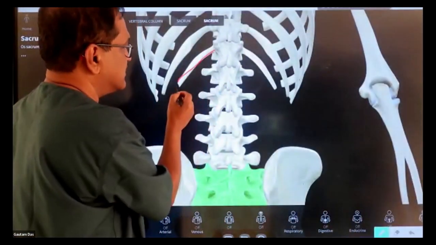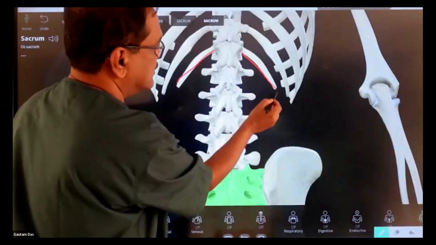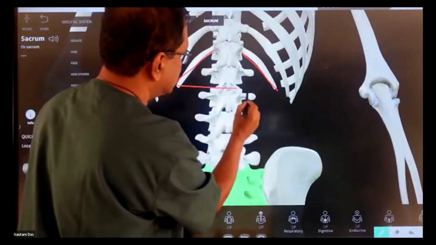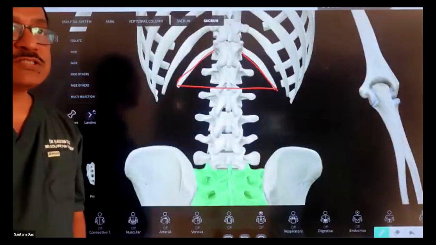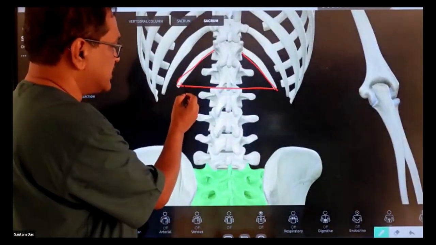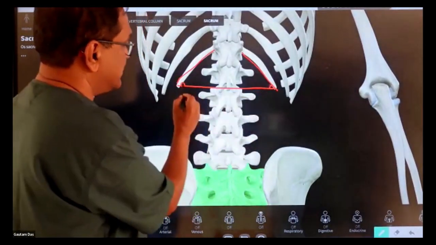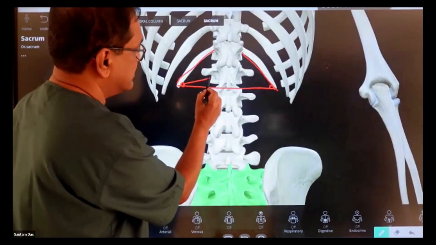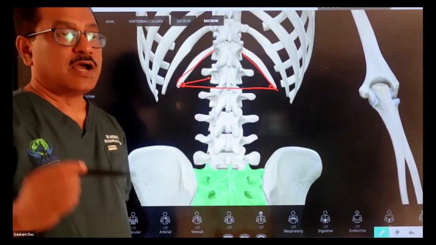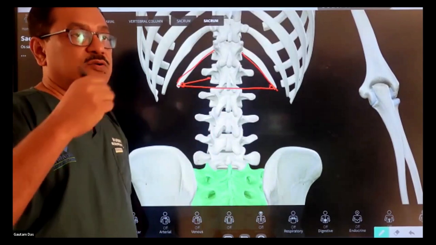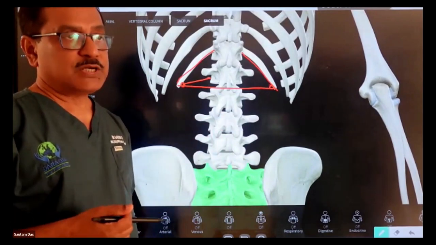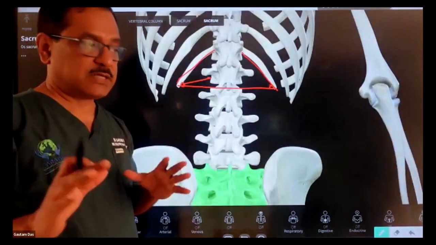One line is like this, another line is like this, and another line is like this. So when these lines are drawn, this is the needle entry point on either side. Initially you go and hit the L1 vertebral body, and then you increase the angle to go anterior to the L1 vertebral body. This is the original Kappis technique.